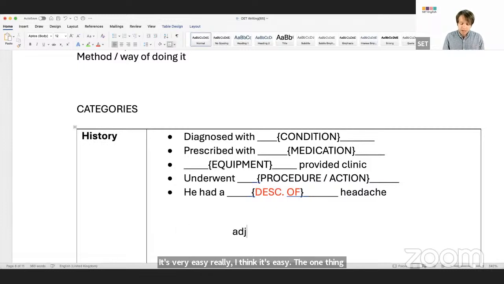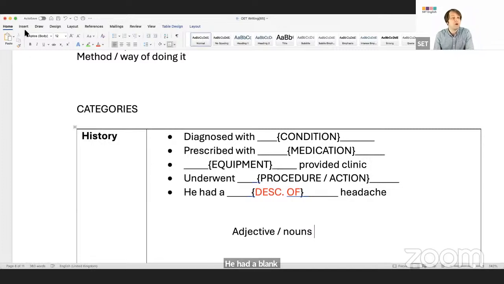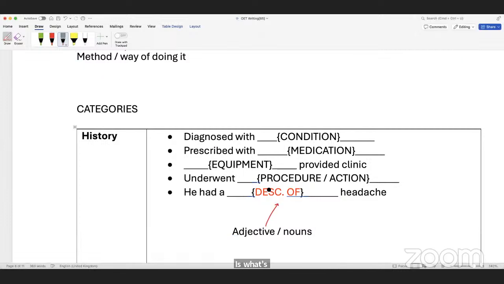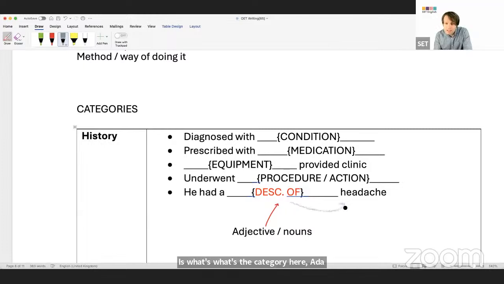A description is usually an adjective, but it could be nouns as well. In this example, what is it going to describe? Headache. So in your exam, you're going to listen and think, what does Alan say about the headache? Categories is a key technique that we always teach, and today will be no different.